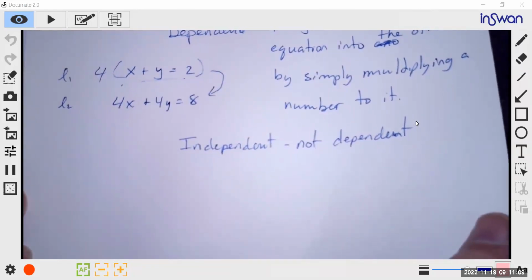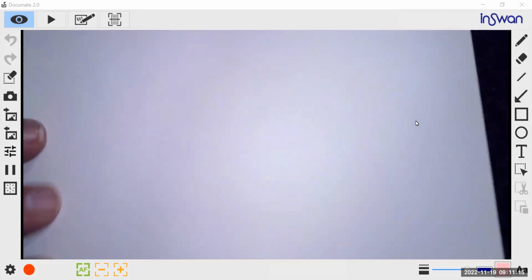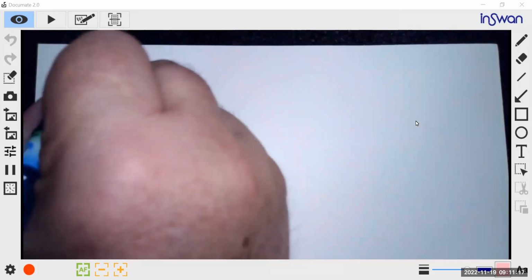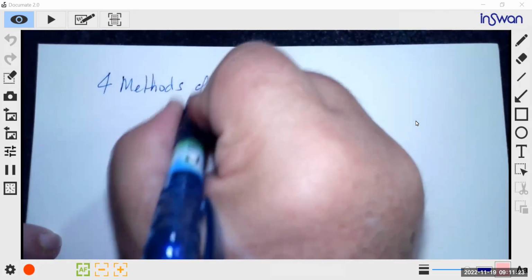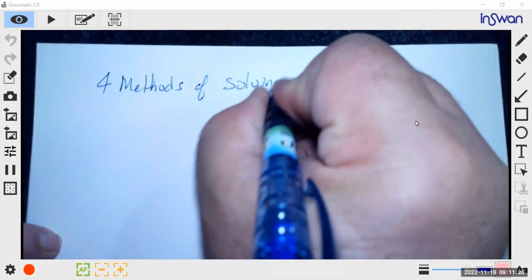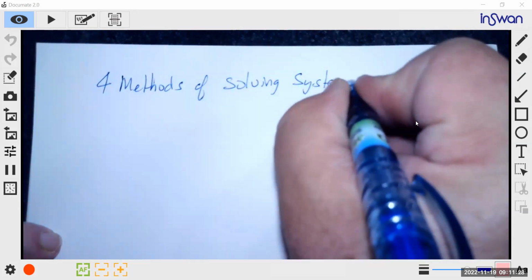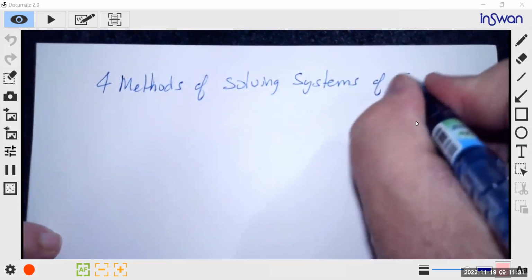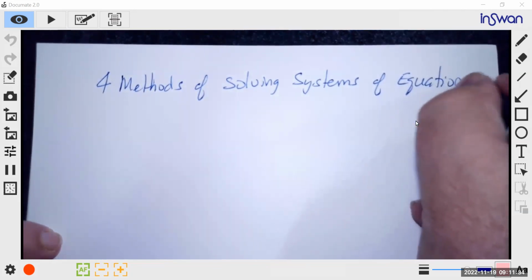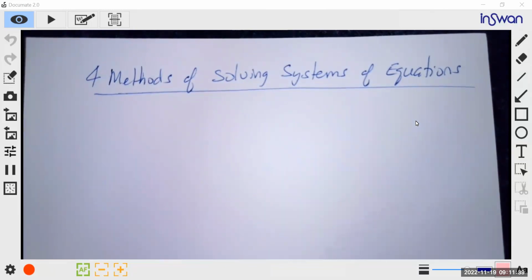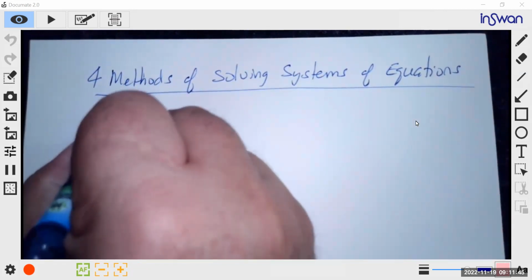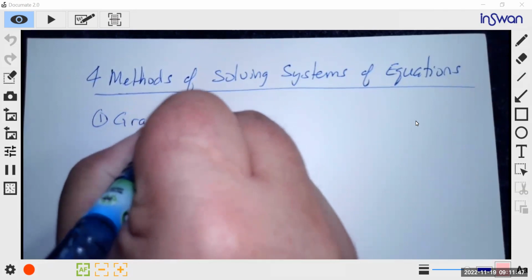We're going to look at 4 ways of solving systems of equations, which we did one earlier in the semester. We're going to talk about 4 methods of solving systems of equations. The first is graphing.